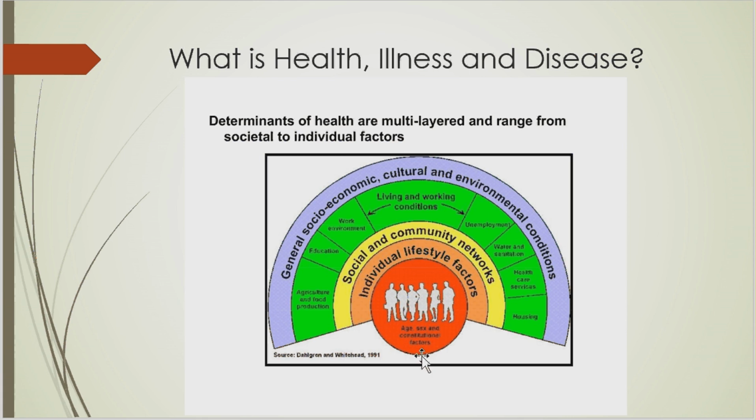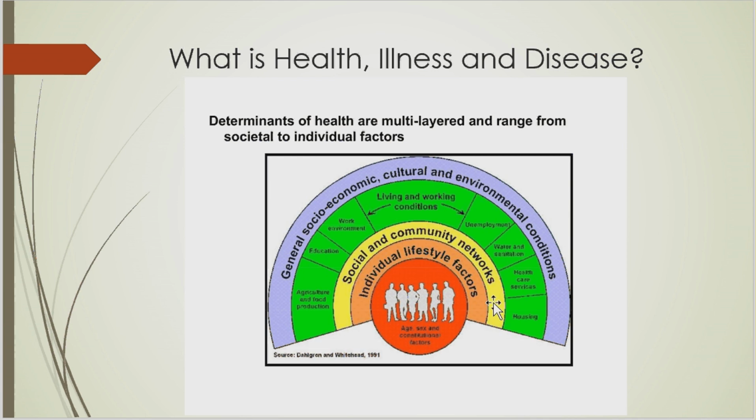So that would be age, sex, and environmental factors. Above that, we would have how the individual lives. What sort of lifestyle does that individual have? And that can be very much restricted to the individual, but also dependent on the society the individual lives in.